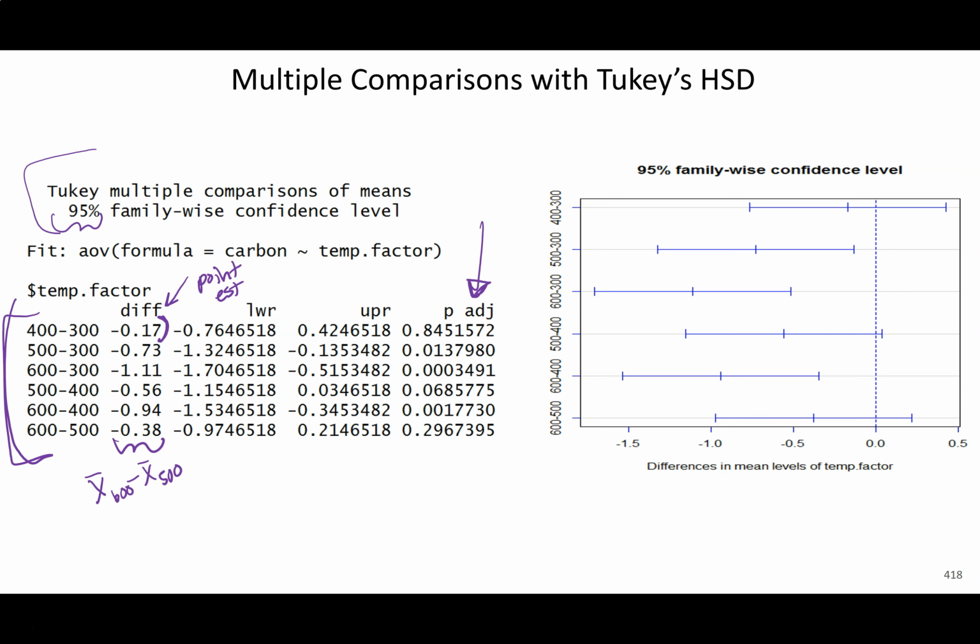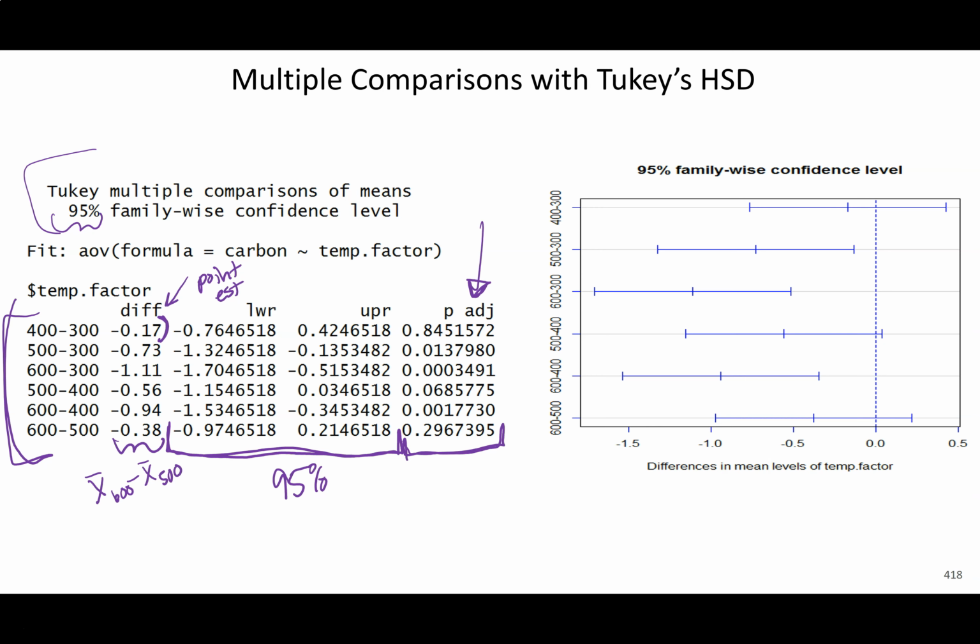This is the difference in sample means we observed in the actual samples. Then this right here is my 95% confidence interval. Specifically, it is a simultaneous confidence interval, which is slightly different from the other ones that we've done. And then this is the p-value.